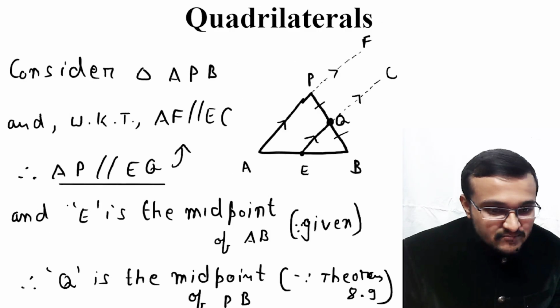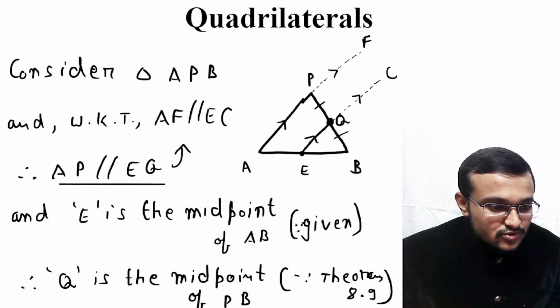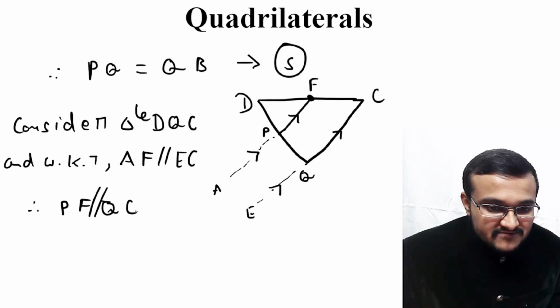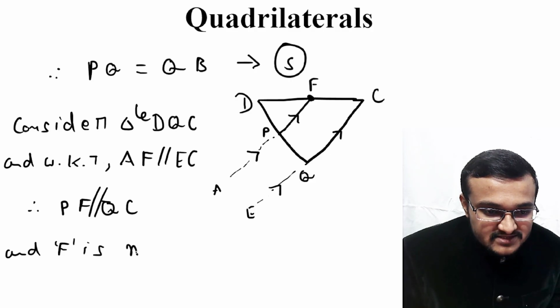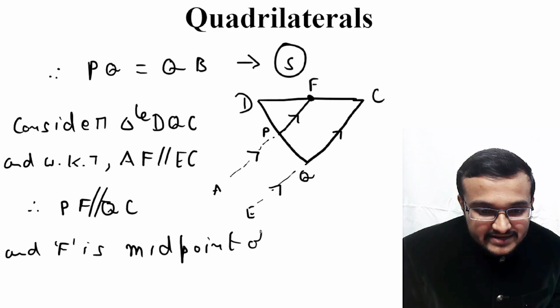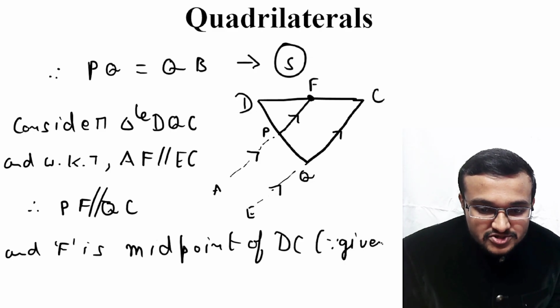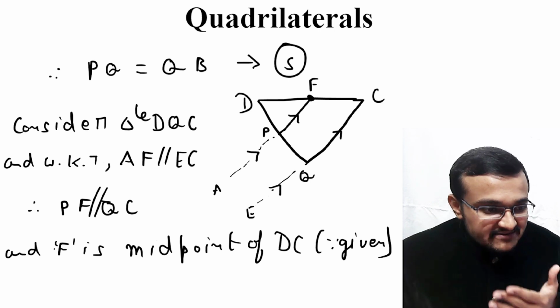How we did in the previous case, similarly we are doing here also. So PF is parallel to QC, and F is the midpoint of DC. This is already given in the question.